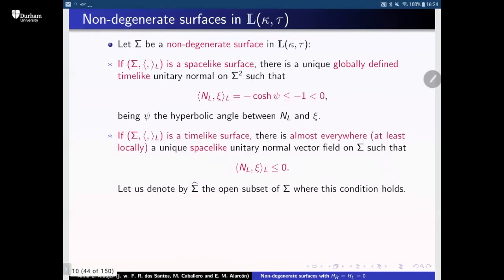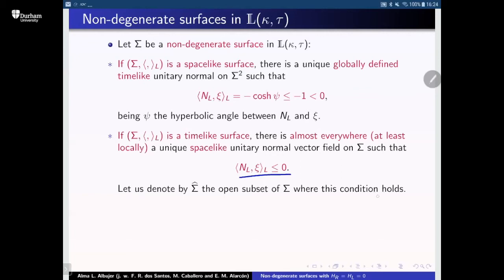In the case where sigma is time-like, we cannot assure that there is a unique globally defined time-like or space-like normal, but we can assure that almost everywhere there is, at least locally, a unique space-like unitary normal vector field such that the same inequality holds, such that the product with the Killing vector field is less than or equal to 0. Why am I saying almost everywhere?